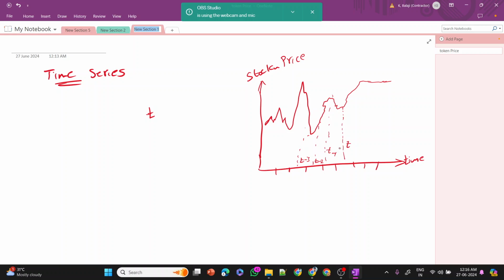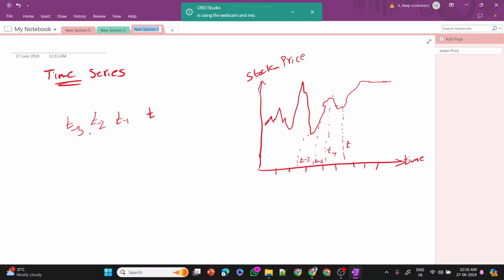In between each two time periods, we can say that as lag. Let's take it as the current time period. Before 1 lag, what will be the output, before 2 lag, what will be the output, before 3 lag, what will be the output.